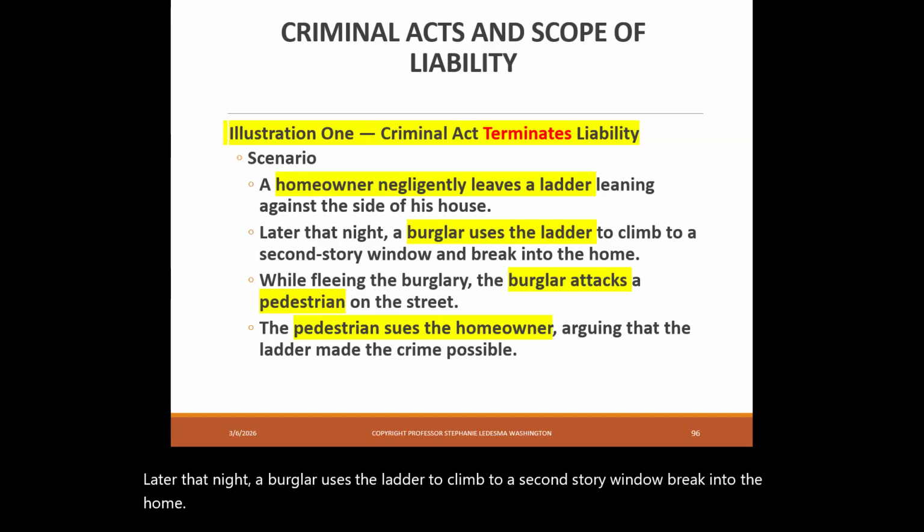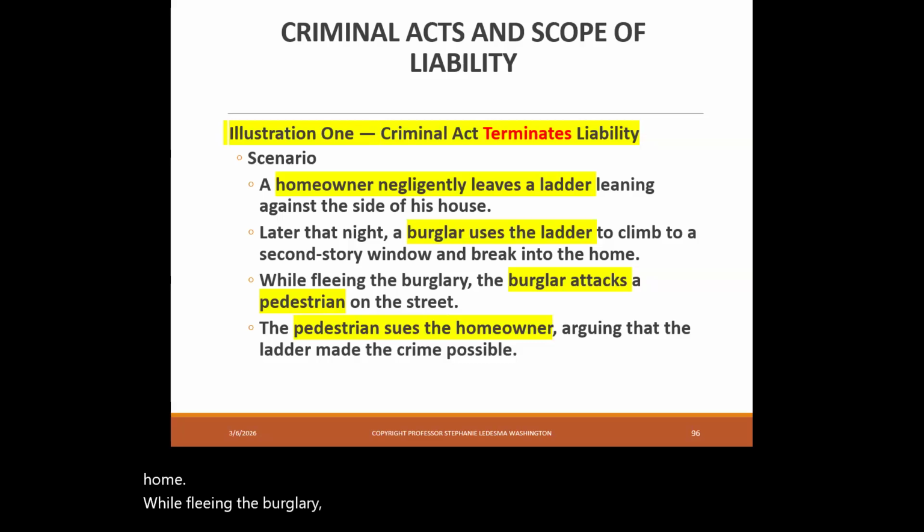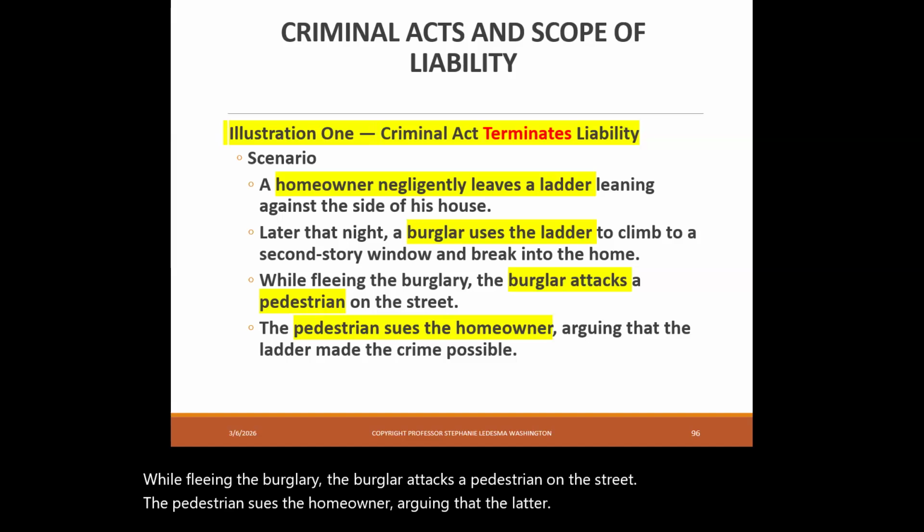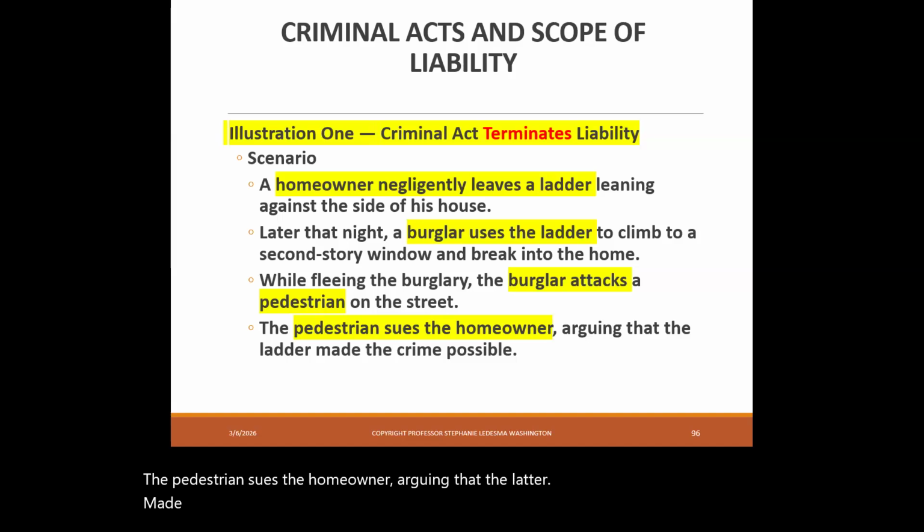While fleeing the burglary, the burglar attacks a pedestrian on the street. The pedestrian sues the homeowner, arguing that the ladder made the crime possible.